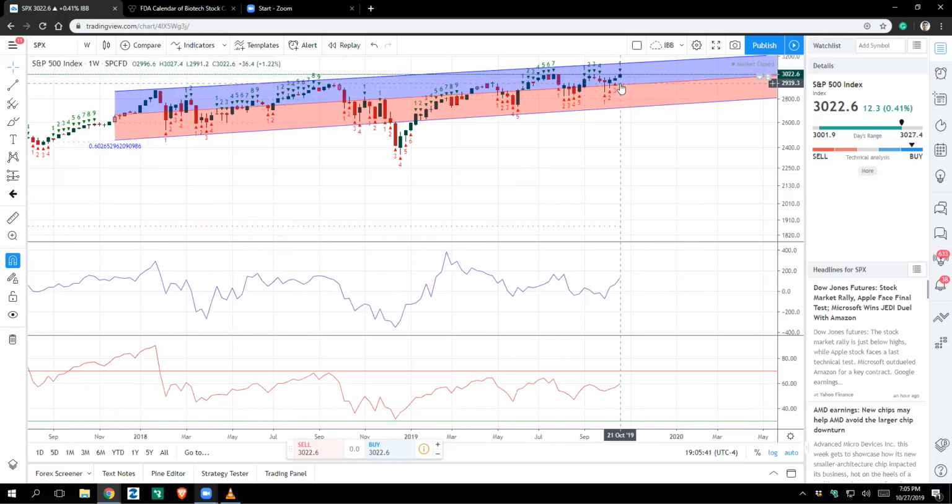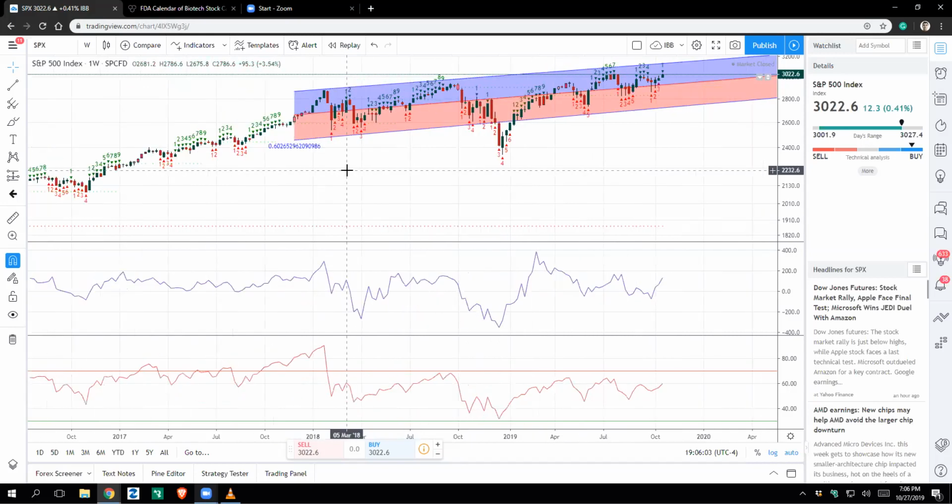So this upper line is two standard deviations above, and this is two standard deviations below. I found it very useful. Sometimes you have to flip around different time frames, but especially the indexes, I've seen that they fit very well into this linear regression channel.